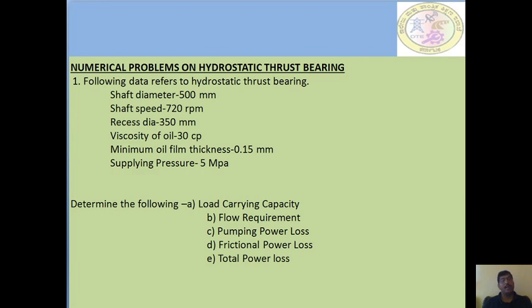Viscosity of the oil mu is 30 centipoise; you convert it into Newton second per meter square, or Pascal seconds. 1 centipoise is equal to 1 Pascal second multiplied by 10 raised to minus 3. Minimum oil film thickness is 0.15 mm and supply pressure is 5 megapascals.